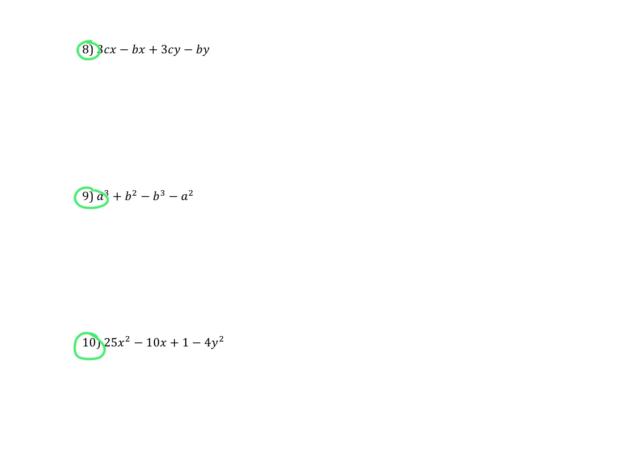That'll be it for 4 terms. So if you want to hit pause and do 8, 9, and 10, feel free to do so. The answers are on Canvas, so I'll let you check Canvas for the answers on those. So hit pause if you'd like, do 8, 9, and 10, or you can continue on with the video and do 8, 9, and 10, and what we're about to do next, do them all after the video at one time. It's up to you.